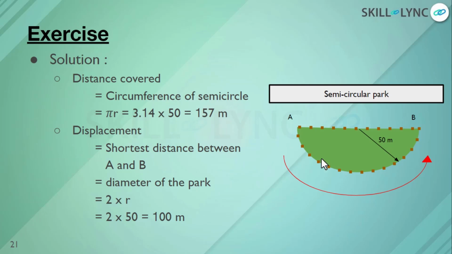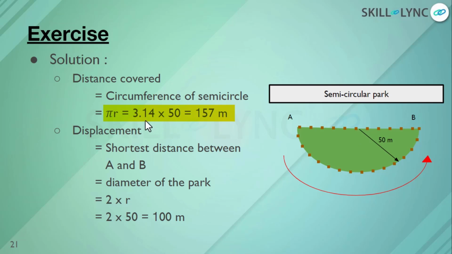As we can see that this is a semicircular park, thus the distance covered by the person would be equal to the circumference of the semicircle. The formula for circumference of a semicircle is pi r, where pi is equal to 3.14 and is a constant in the formula, and r is the radius of the semicircle, that is 50 meters.